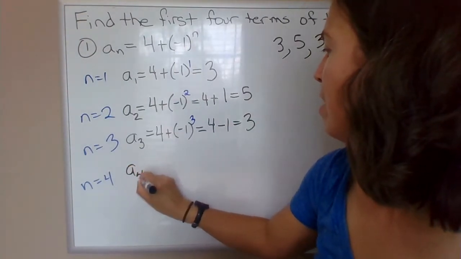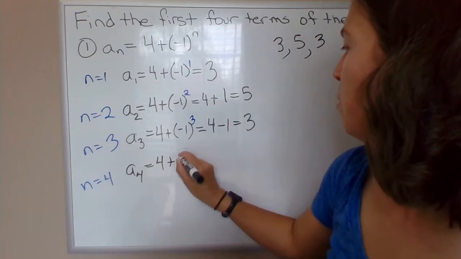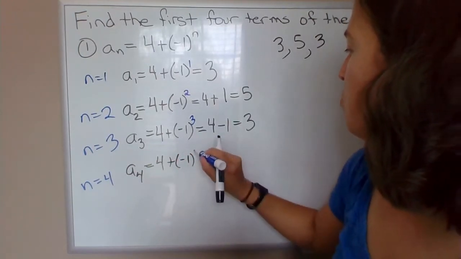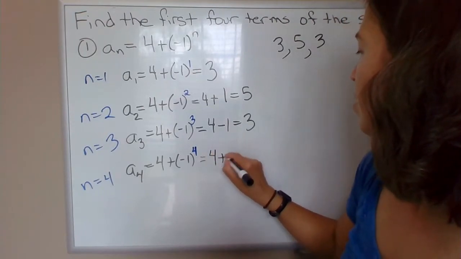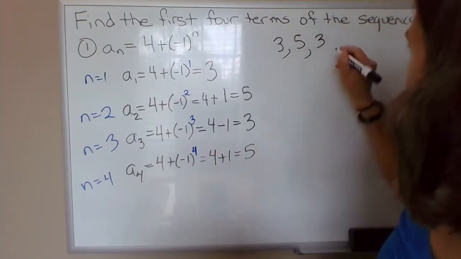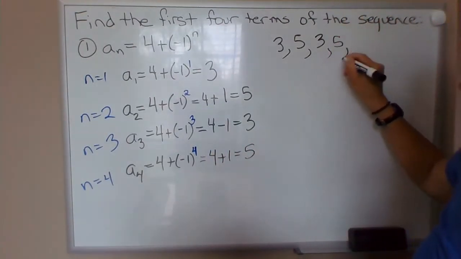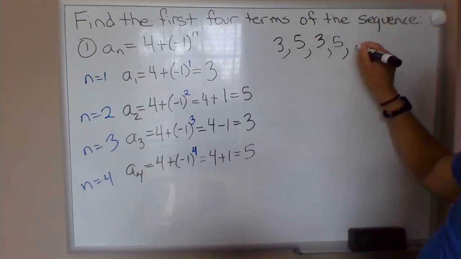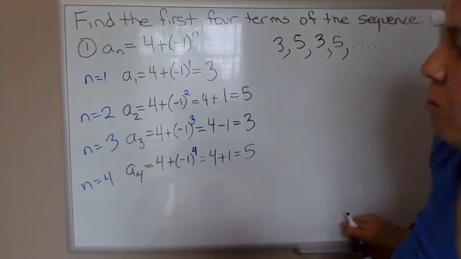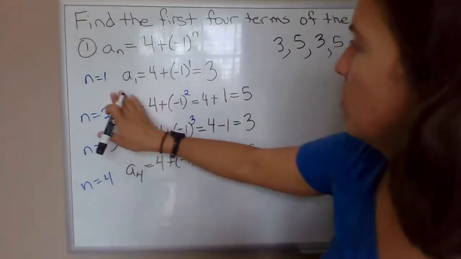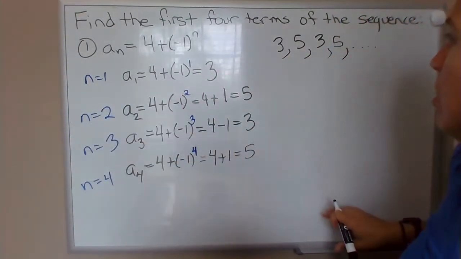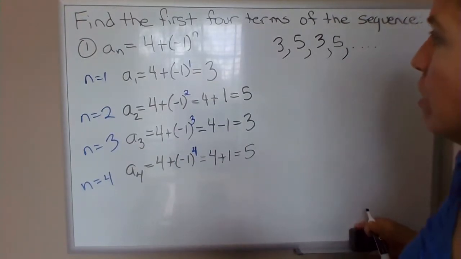Fourth term, a4, 4 plus negative 1 to the fourth power, which is an even power, so that's going to be positive 1, so it's 5. So it looks like this sequence is just generating the values 3, 5, 3, 5, 3, 5 forever. Whenever n is even, you'll have 4 plus 1, so you'll get 5. Whenever n is odd, you'll have 4 minus 1, so you'll get 3.